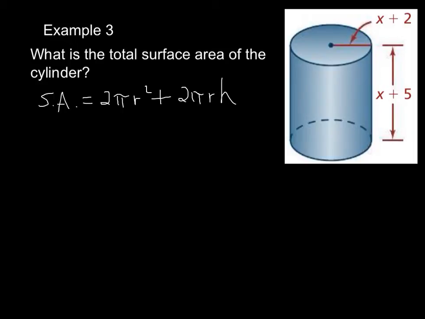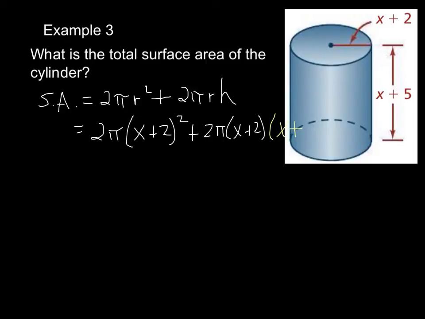So now we simply need to plug in the values from the diagram. We have 2 pi times r squared. The r is x plus 2. Plus 2 pi times r, which is x plus 2, times h, which is x plus 5.